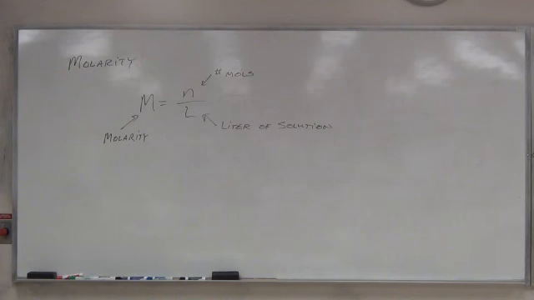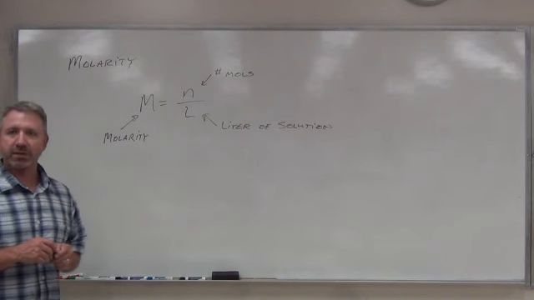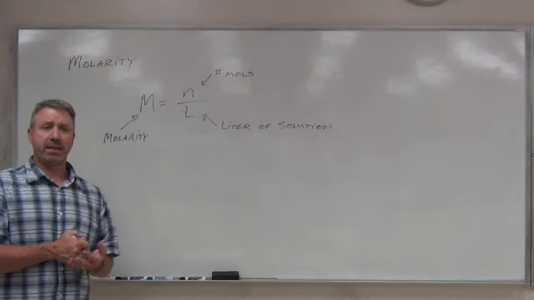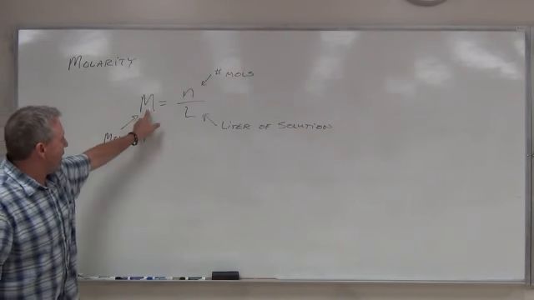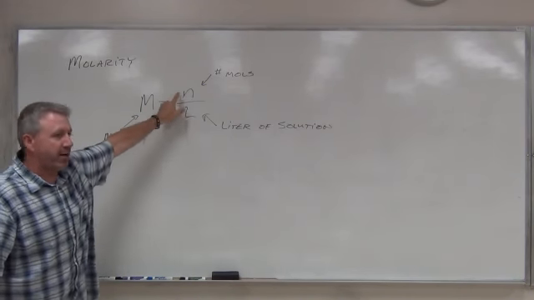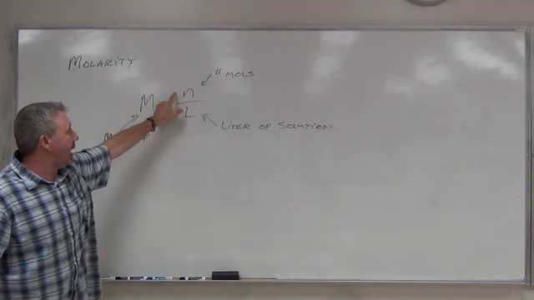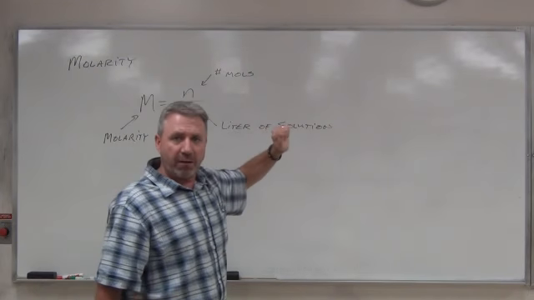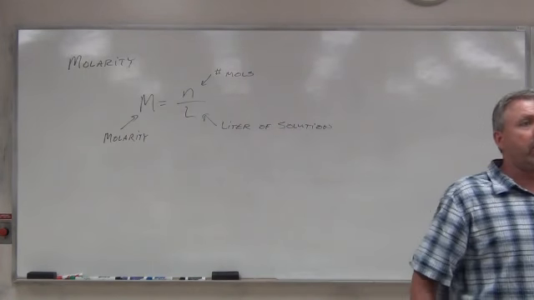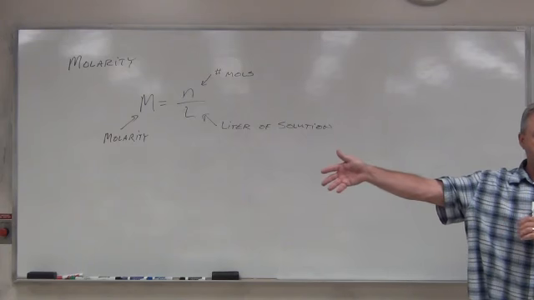For molarity, the volume is specified. It must be in liters. This is a straight up algebraic expression, very similar to density equals mass over volume. We have an algebraic expression containing three variables, capital M, N, and L. That means we can solve for any one of them, but we have to be given the other two, or we have to have a way to calculate the other two.